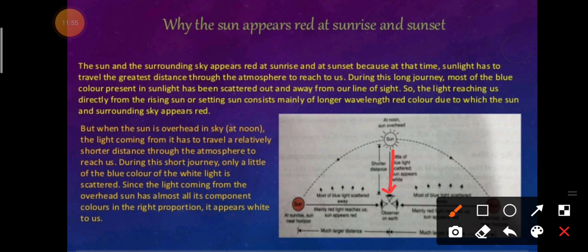Since all the rays travel the least distance, all the light is scattered least, and directly penetrates our atmosphere and reaches the earth's surface. Now since all the light rays reach the earth's surface at the same time, the mixture of all seven colors is white. So that's why at noon we see the sky as white.